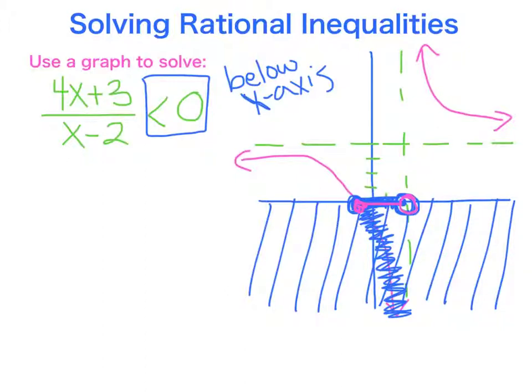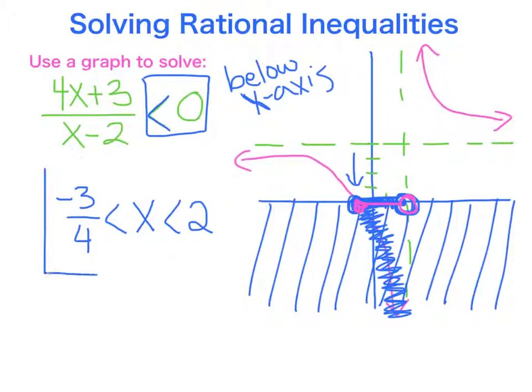So we do second calc intersect to get that x value, and you would get an x of negative 3/4. Then it's less than x, and it stops on the right at our asymptote at 2, so less than 2. Only the x's between negative 3/4 and 2.